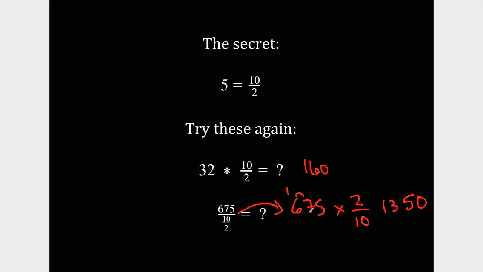So 675 times 2 is 1,350. Divide by 10, I just knock off a 0. So in the first case, I was able to completely do it in my head. And in the second case, maybe I could do it in my head, but in the worst case scenario, I really only had to write down 1 step instead of the several steps in the long division.